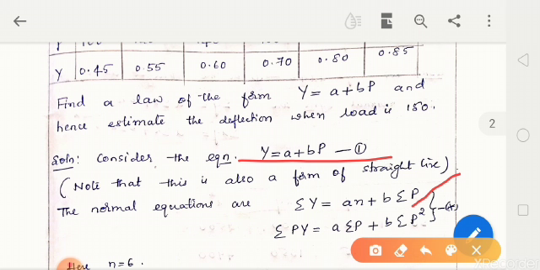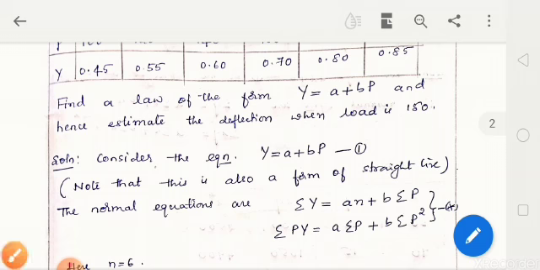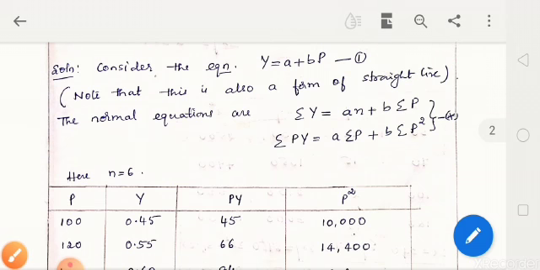So attach sigma p to equation 1. When you attach sigma p to equation 1, we will get summation py equal to a summation p plus b summation p square. So, we got two normal equations.